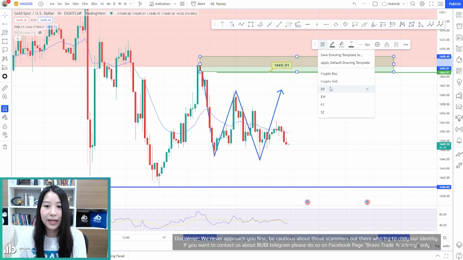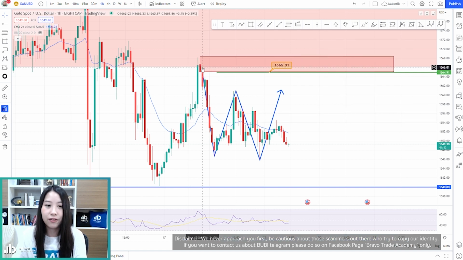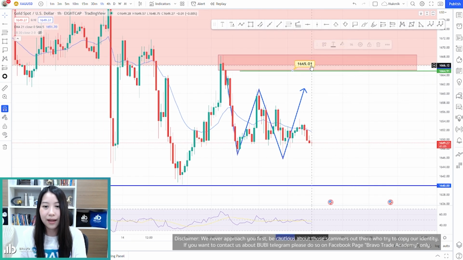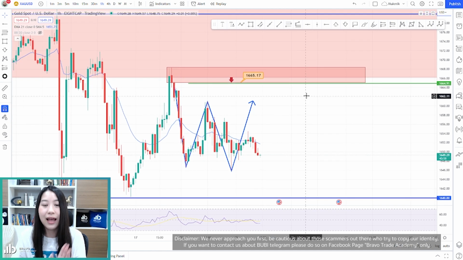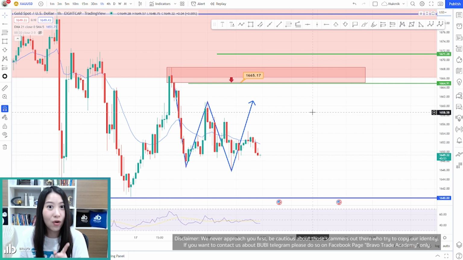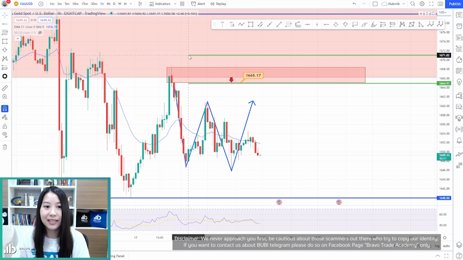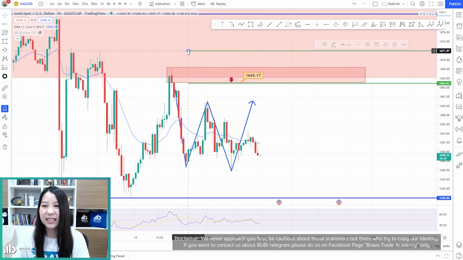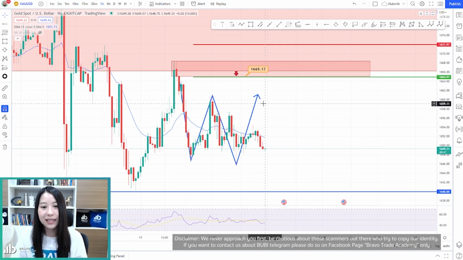This supply zone is very decent, very strong, hasn't been tested, and we have the imbalance as well. So my first plan is selling gold at 1665. However, you need to put your stop loss over 1670, so around 1672, somewhere around that would be perfectly fine. So that's the first selling plan.